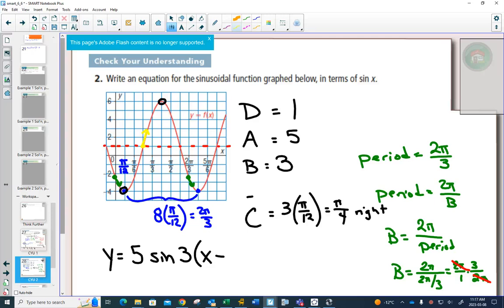We're so close. And then after the pi over 4, you would close that bracket? Yes? Can you imagine that? And then we'd write our D value, which is plus 1.